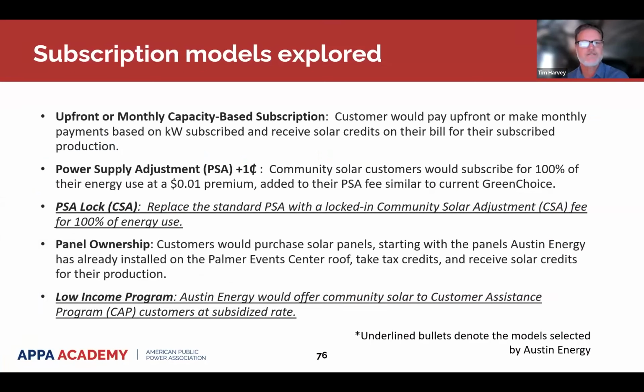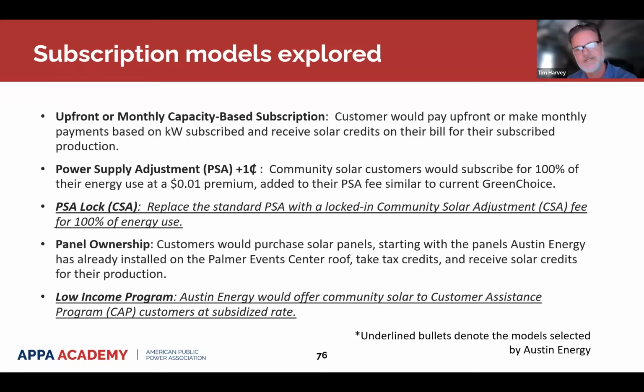As we were developing the program, we looked at these different scenarios. We looked at an upfront or monthly capacity-based subscription, very akin to what he was showing in the SAM model, where a customer pays for a per kW amount, and then they get a credit for a kWh amount.